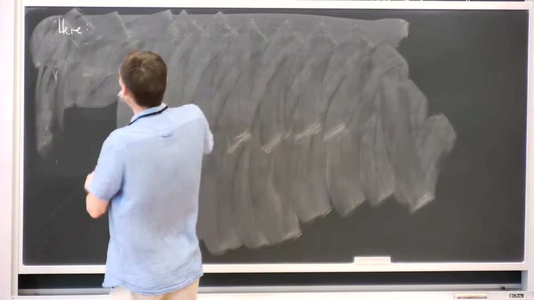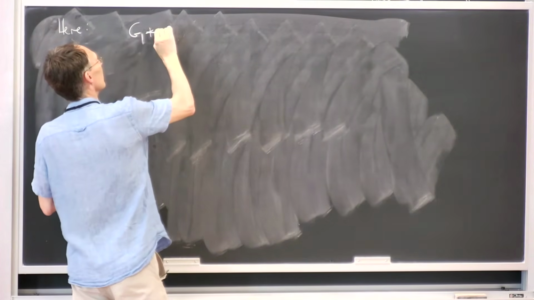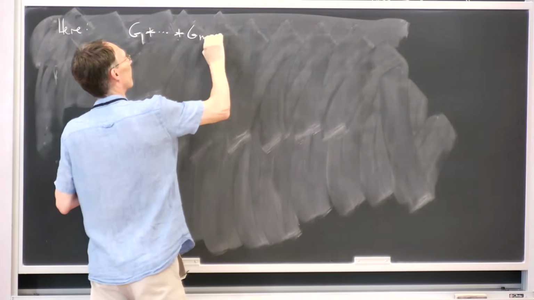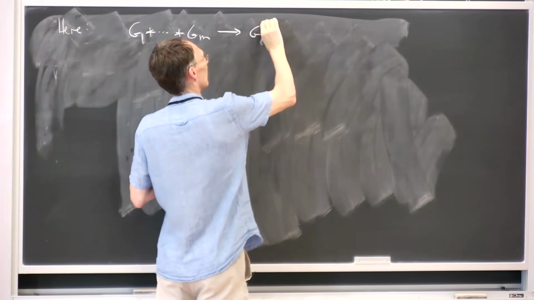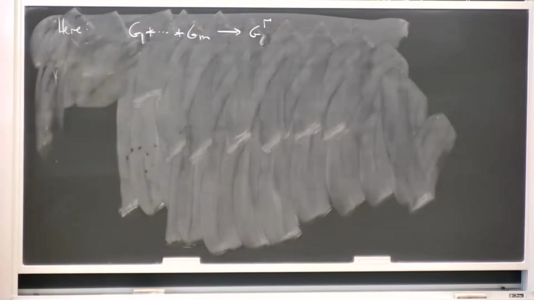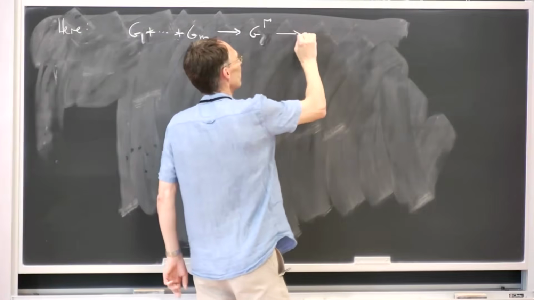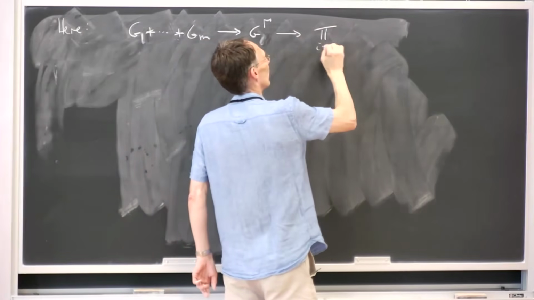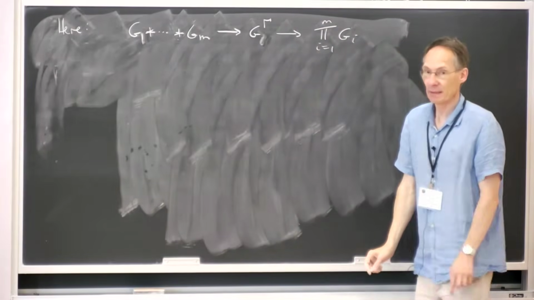When you think of the graph product, so you've got this join, it projects down to the graph product, and you could map this out to the product of all the G's.